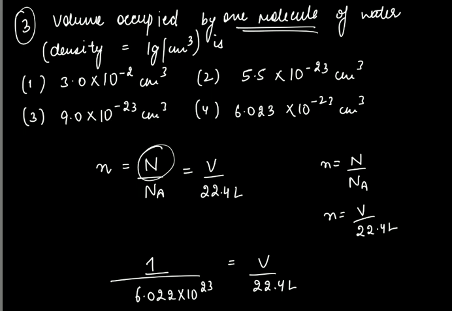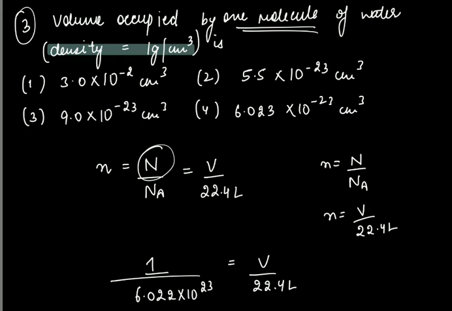But it's not that simple, because in the question they have given us density. So we need to calculate volume occupied by one molecule of water. That's okay, we can calculate it.